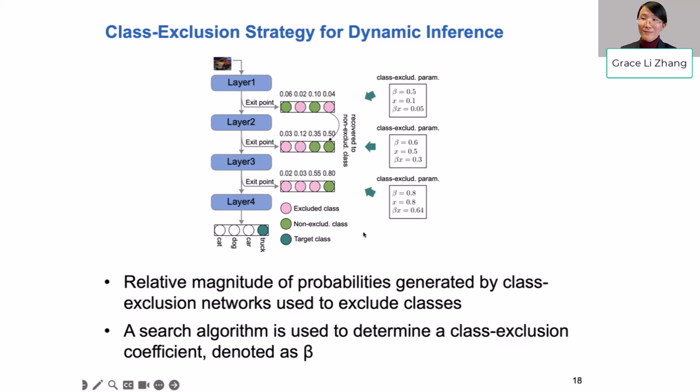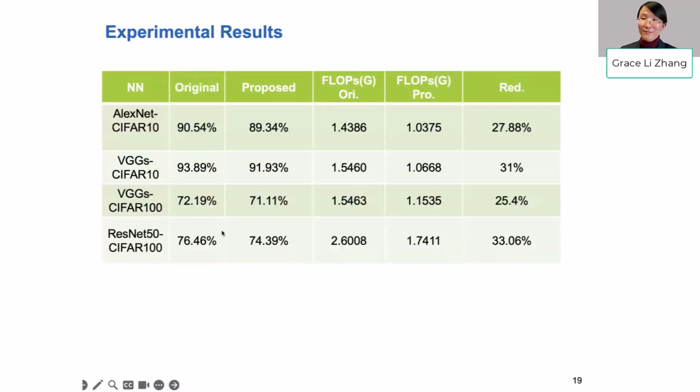And we tested this class exclusion on some neural networks, and we found that there is slight accuracy loss, but the number of FLOPs or number of micro operations can be reduced significantly. We check this reduction without pruning to explore the potential of this class-aware early exit.